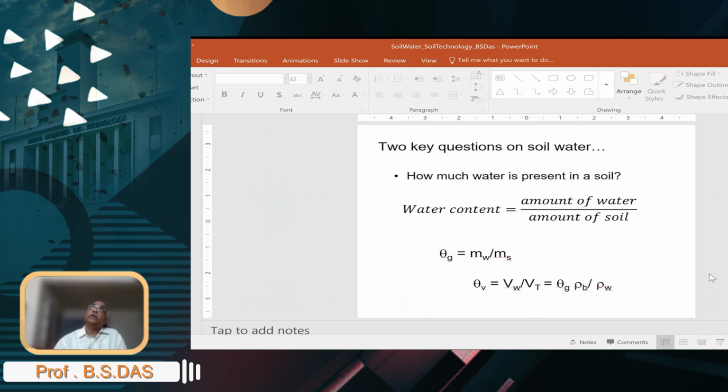These methods have been used over the last 2 to 3 decades, and because of their accuracy issues and cost issues, people choose one method over the other depending on the resources they have.